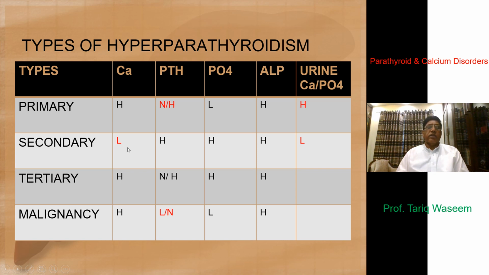So this low calcium would lead on to stimulation of the parathyroid hormone and results in a high parathormone and high phosphate and high alkaline phosphatase level, and this urine calcium phosphate ratio would be low, and this is that primarily it's a hypocalcemia which results in an increased parathormone level. The most common example is chronic renal failure.